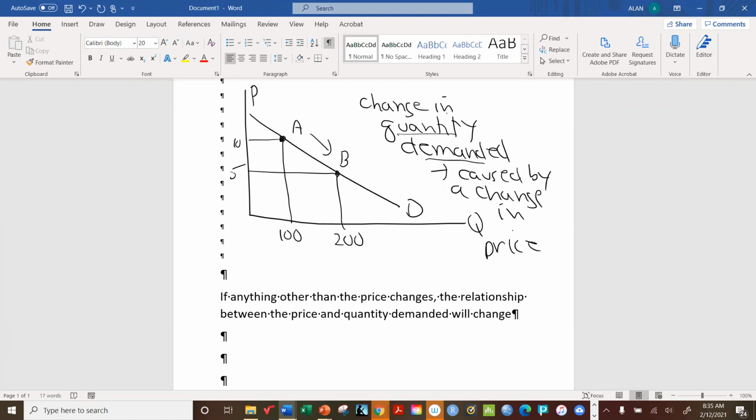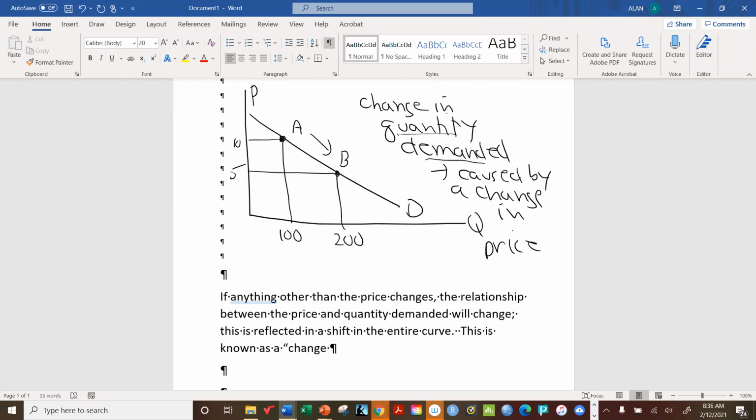Of course it will. So this is reflected in a shift of the entire curve, not just a movement up and down the curve, but a shift in the entire curve. This is known as a change in demand.